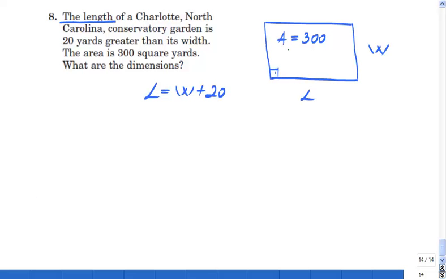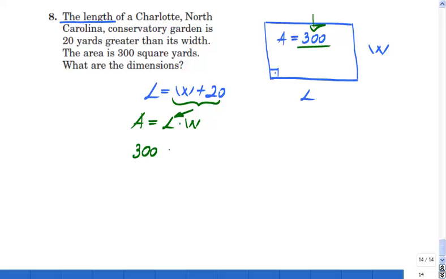What else? Well, because this is a rectangle, the area of a rectangle is length times width, right? Next step, well, substitute your length in terms of width. I know my length is width plus 20. Okay, so let's do that, which means my area, which I will also substitute by its given value, 300 square yards.